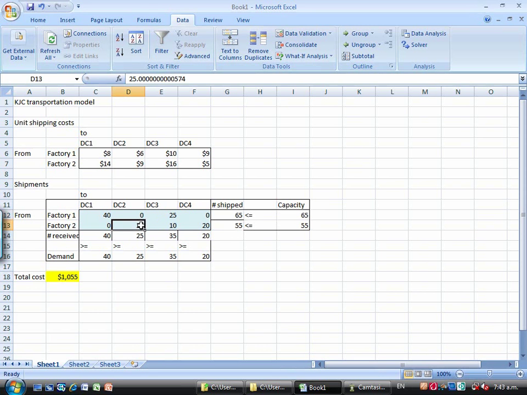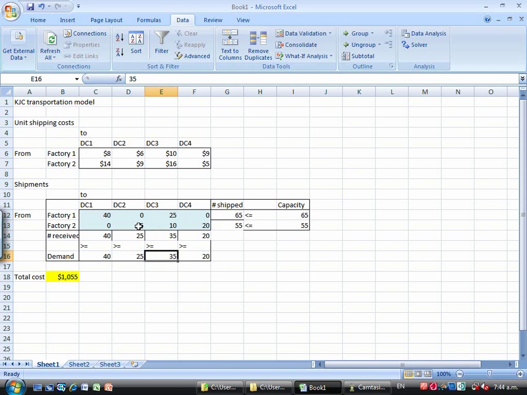Factory 2 has sent 25 units to DC2, and that is going to meet DC2's demand. Factory 2 has sent 20 units to DC4, and that meets DC4's demand of 20 units. Factory 2 has also sent 10 units to DC3. Now that means DC3 has received 25 units from Factory 1 and 10 units from Factory 2, so 35 units in total, which meets their demand.